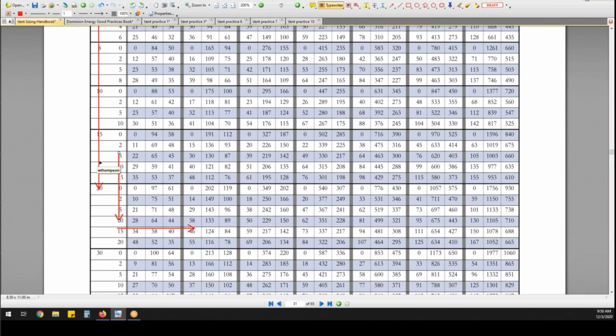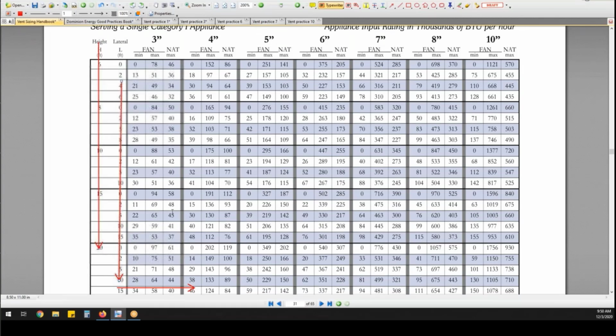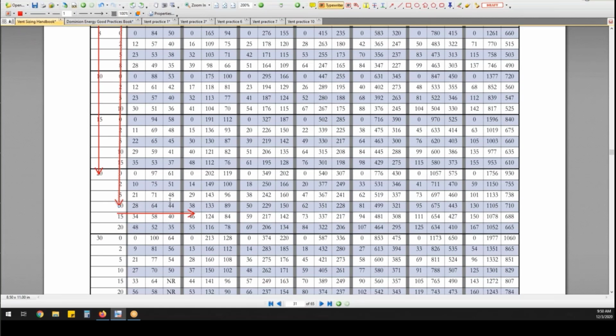So on my main height, if you fall between a number, go down. On your lateral, if you fall between a number, go up. Because notice in the natural column, the shorter the lateral run, the more capacity.